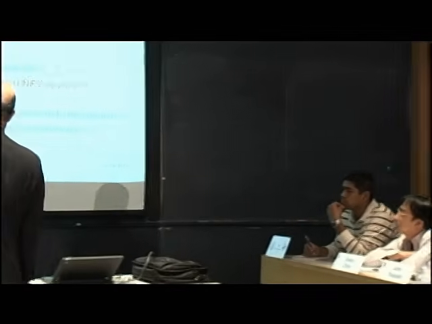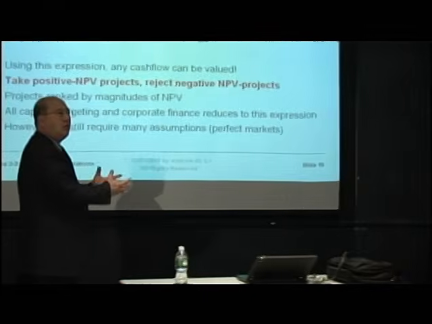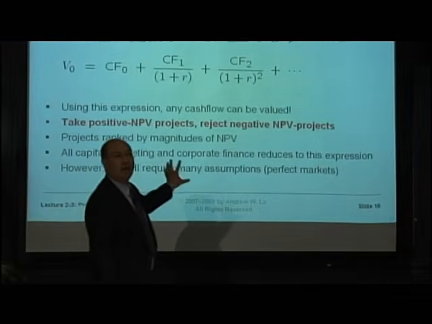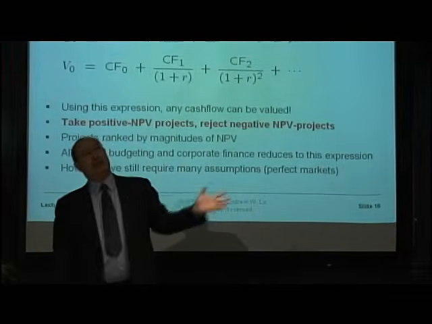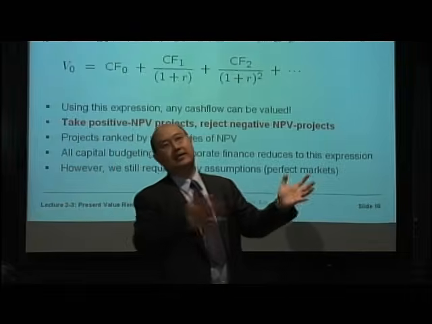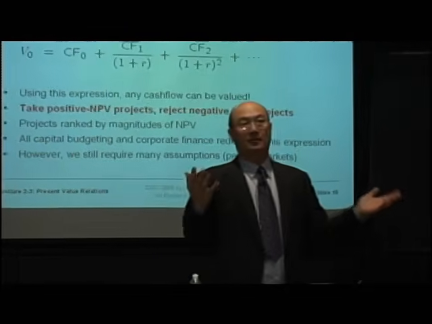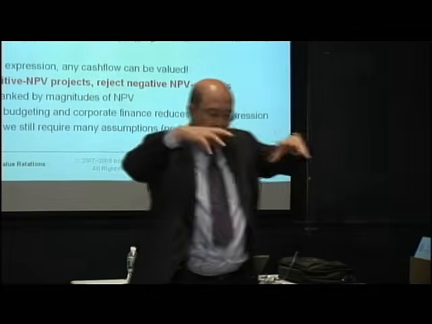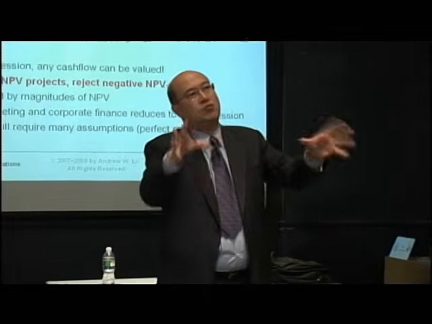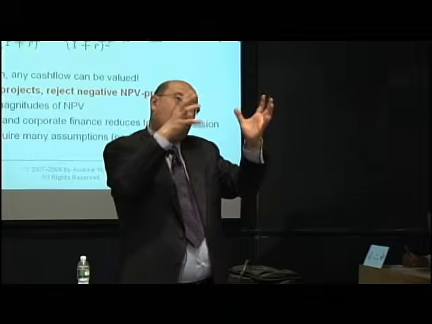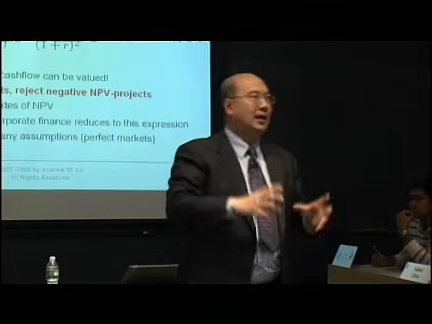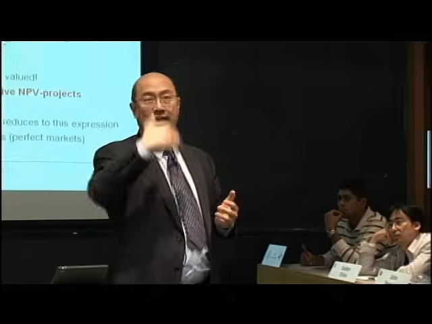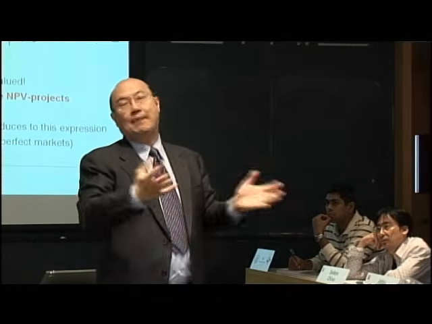Now, the solution of how you make management decisions given this simple framework becomes trivial. Take projects that have positive NPV. That's it. When you figure out what the value of a project is as a function of all of these exchange rates, you calculate what the present value is, and if the cost of the investment is included as a cash flow, possibly a negative cash flow, you've got the net present value.